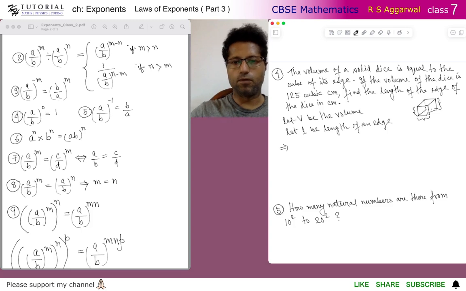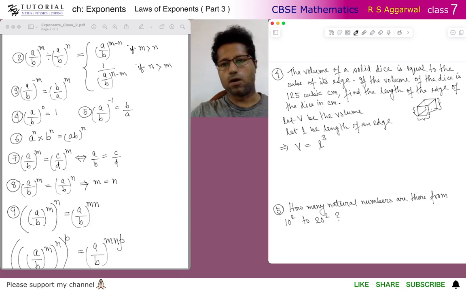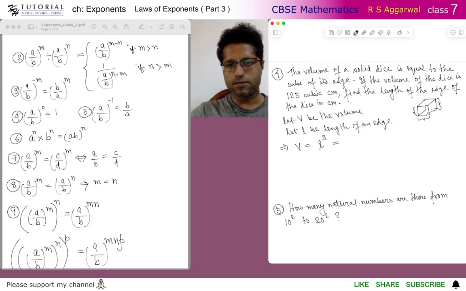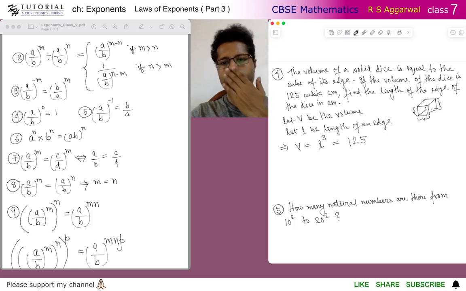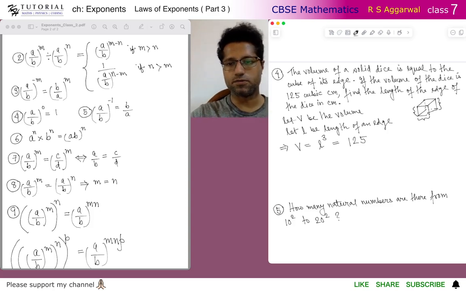Now it says that the volume of a solid dice is equal to the cube of its edge. So as per the given problem, we have volume equals the cube of the edge, that is L to the power 3. The volume is also given as 125 cubic centimeter. So we have L cube equals 125. From there we have to find L. Obviously we have to express 125 in exponential form, so that the exponent is 3.